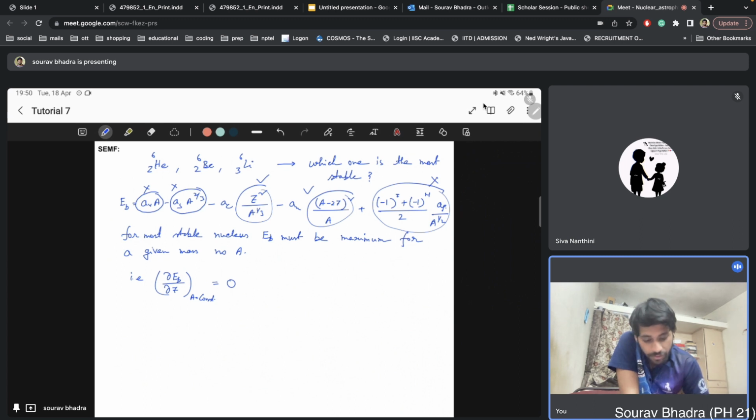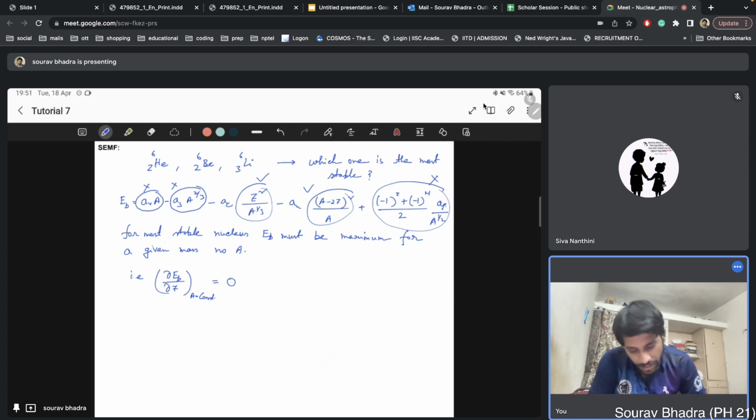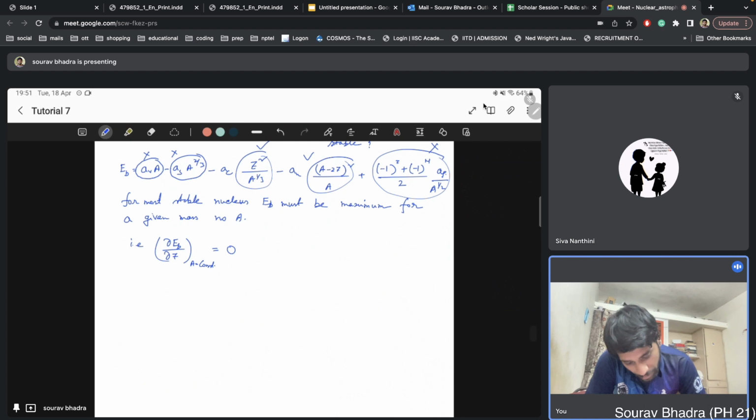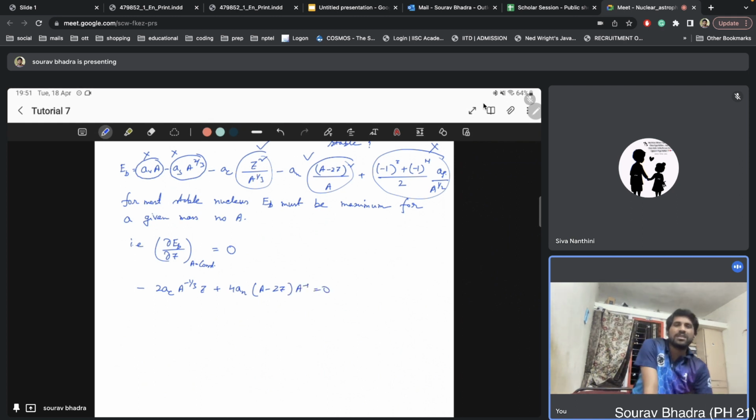So the main terms which will contribute are the third term and the fourth term, that is the Coulomb energy term and the asymmetry term. All the other terms are 0, because we are differentiating with respect to Z. If you differentiate those two terms, you get 2AC A to the power minus 1/3 Z plus 4AN (A minus 2Z) A inverse equals 0. Differentiating the third term gives 2Z, so this 2 comes from that.